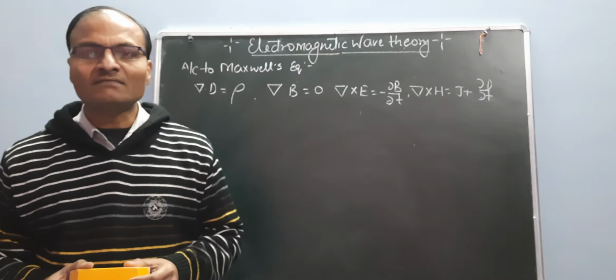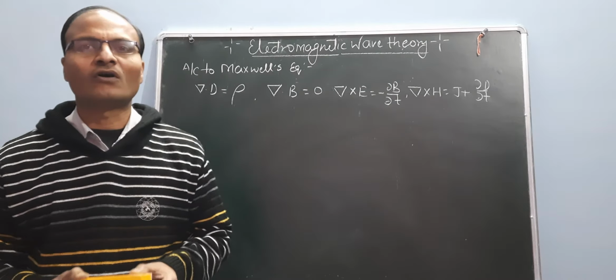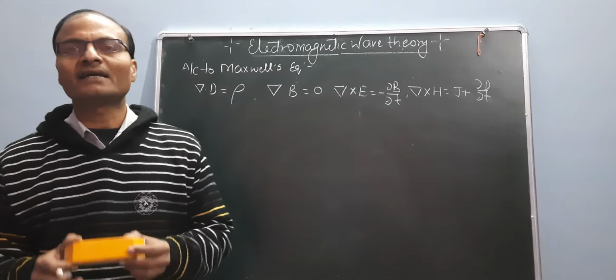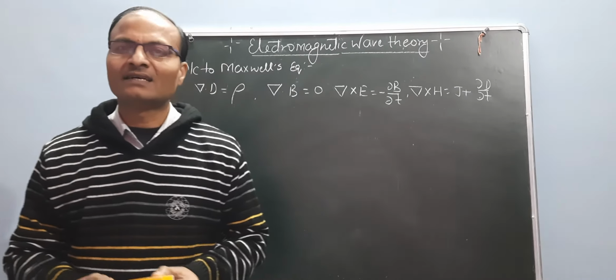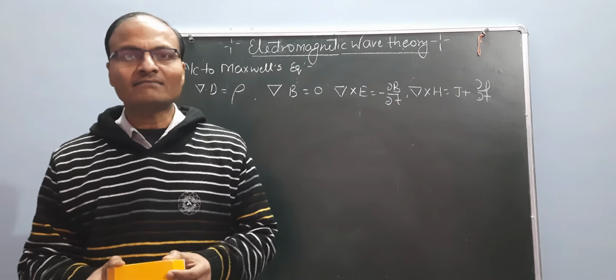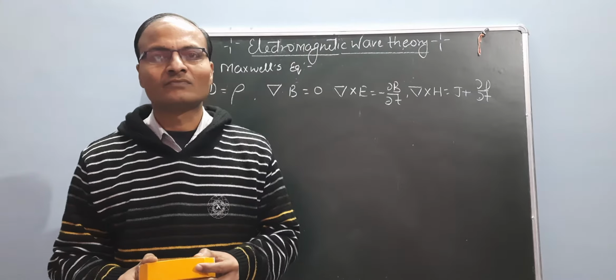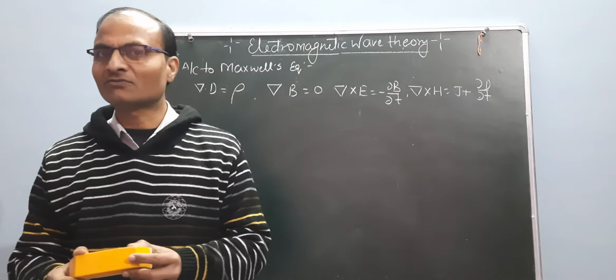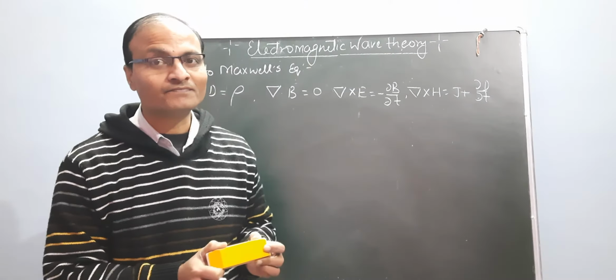The wave equation for an electrically free space or vacuum containing neither free charge nor conducting current, that is, the charge density rho equal to 0 and current density J equal to 0. So epsilon equal to epsilon naught and mu equal to mu naught.